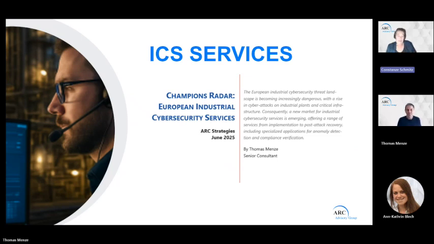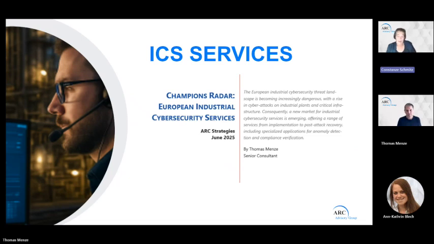While many companies may have already established their own ICS teams, the complexity and the evolving nature of these threats may often demand specialized support of ICS services to help these organizations strengthen their defenses and minimize the risk of downtime or safety incidents caused by a variety of cyber events. These services may complement the internal expertise with specialized knowledge, advanced tools, and a broader perspective from real-world industrial experience.